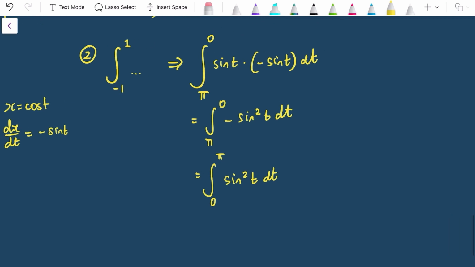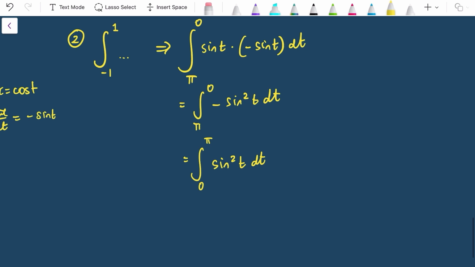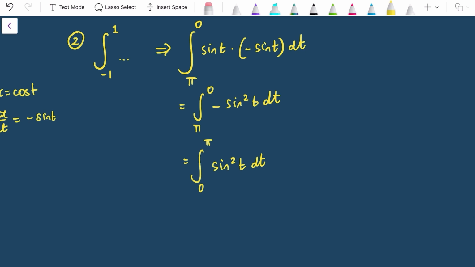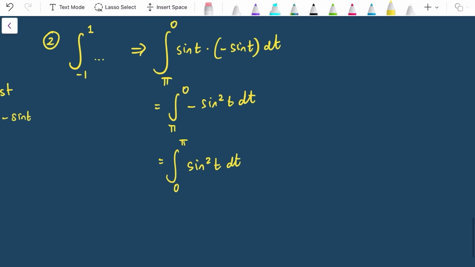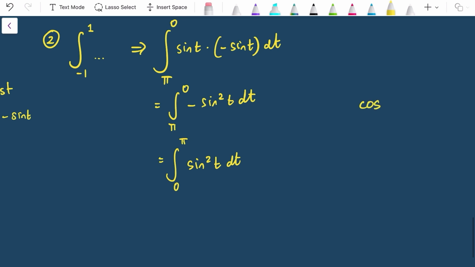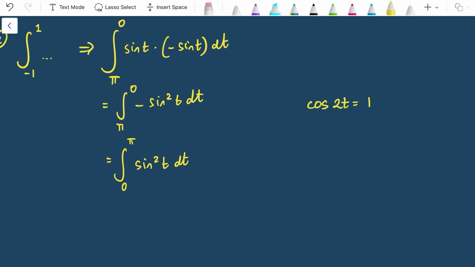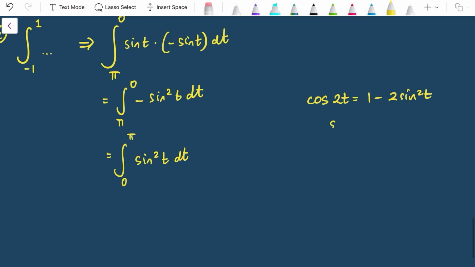So hopefully you recall that in order to integrate sine squared, I need to replace it by a double angle formula. In this case, cos of 2t. And cos of 2t is 1 minus 2 sine squared of t. And when I rearrange that, I get that sine squared of t is equal to 1/2 minus 1/2 cos 2t.